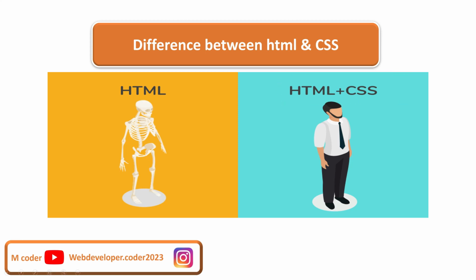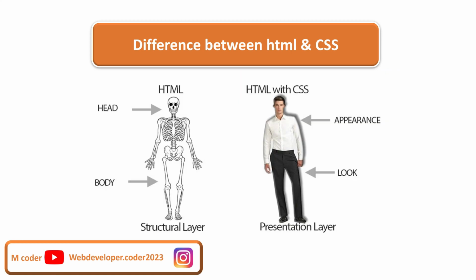CSS forms the appearance of the body and it's a presentation layer. CSS gives shape, color, and beauty to this body. HTML is the standard markup language for web pages. CSS is the language we use to style an HTML document.